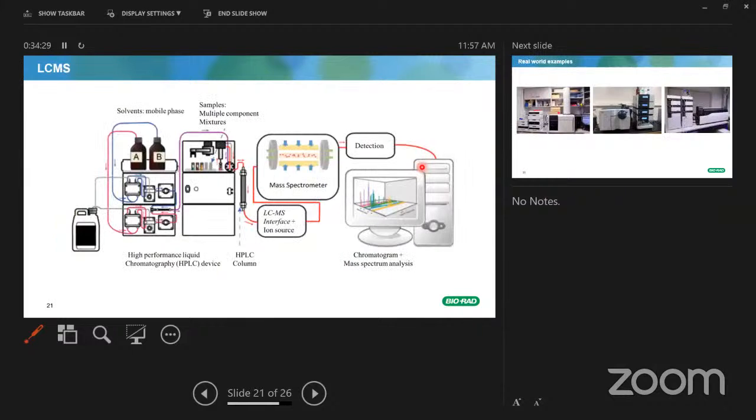Now, if you take a step further, we talked about LC. Now we are talking about LC coupled with your MS. This architecture remains the same for the liquid chromatography. After the column, the sample gets analyzed, and there is something called the LC-MS interface.